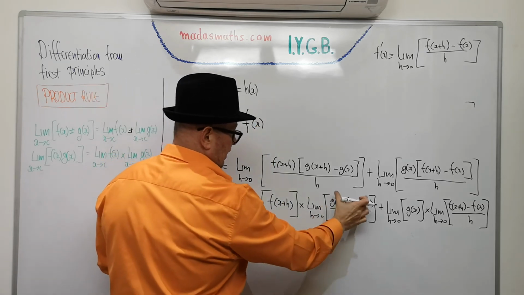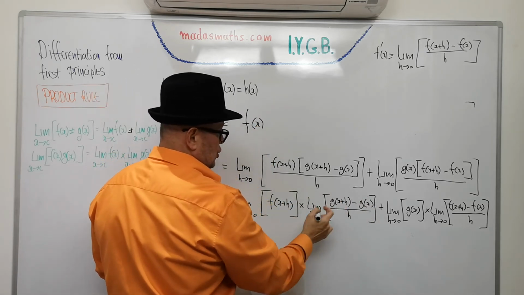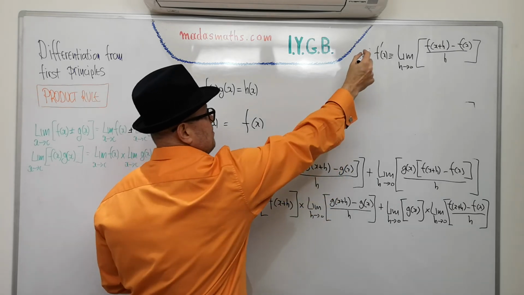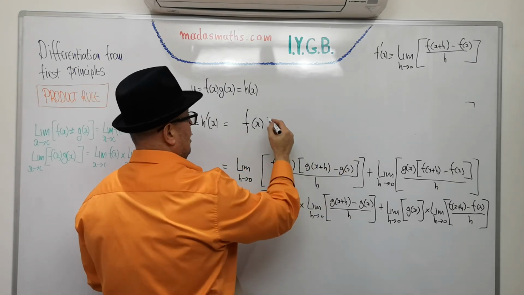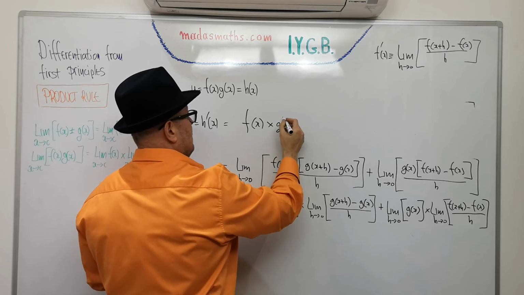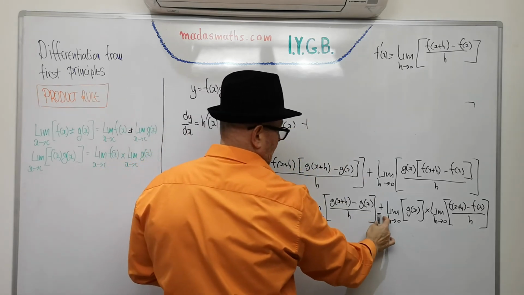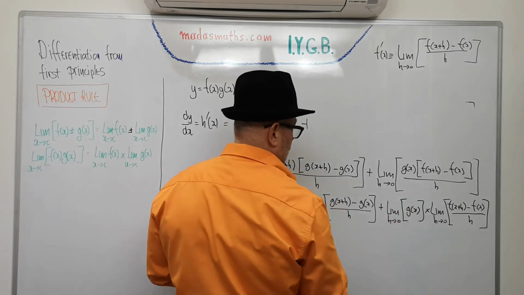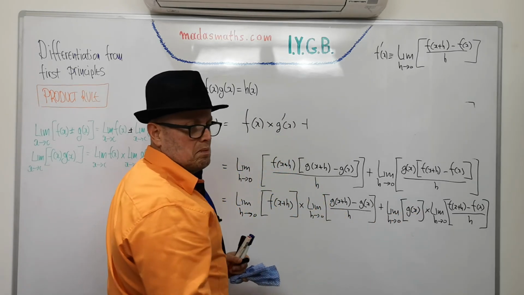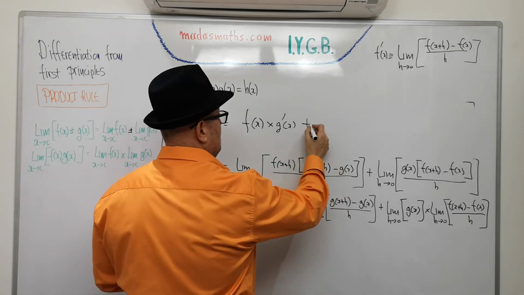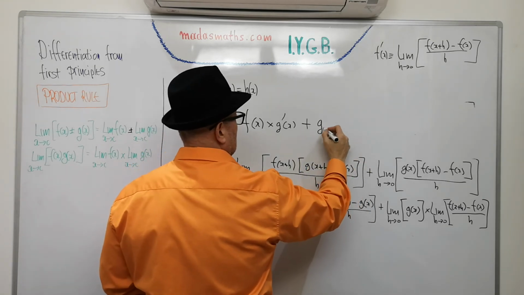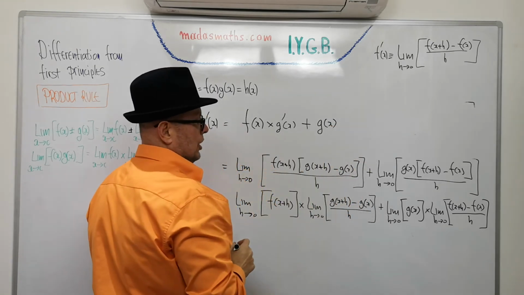Okay, this now is the definition of g dash of x. It's just that bit up there, but for g's. So that's times g dash of x plus the limit as h goes to 0 of g of x. Well, that has not even got an h in there, it's independent of h. So of course that will return us g of x.